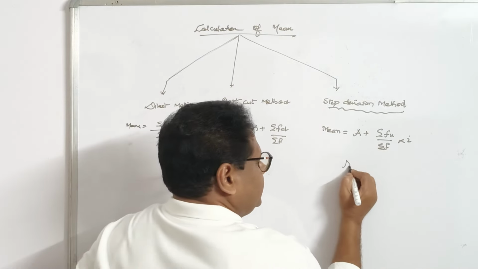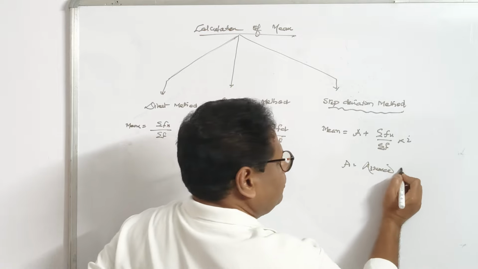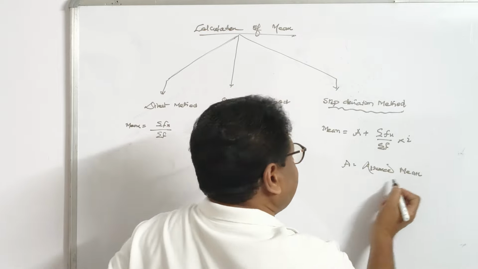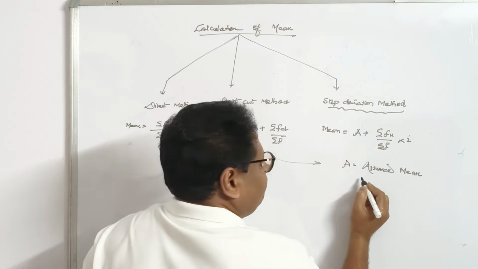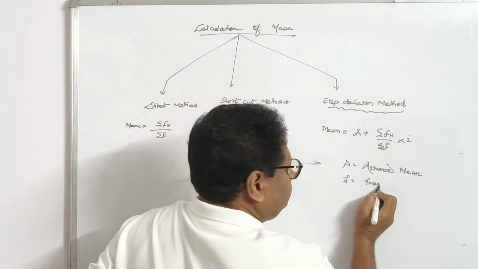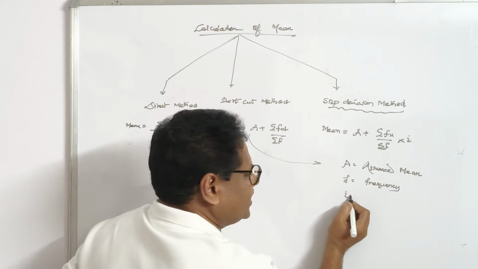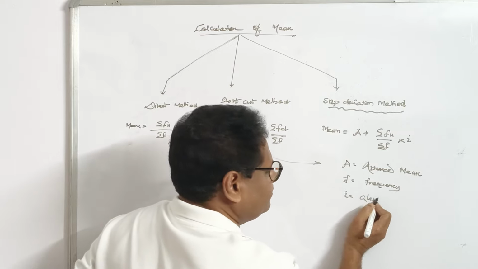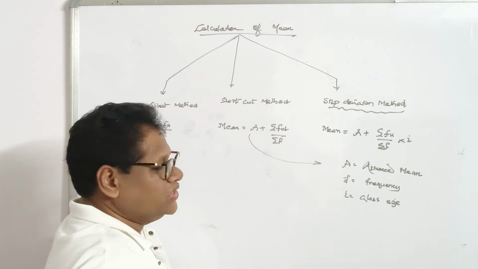Here a is the assumed mean, which is the same as for the shortcut method, and f means the frequency. i is the class size, which is the difference of upper limit minus lower limit.